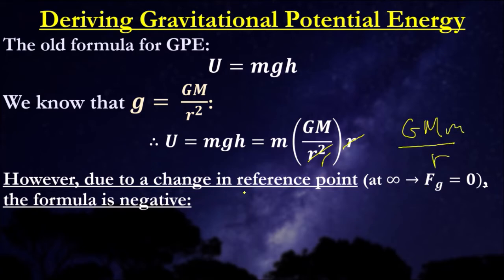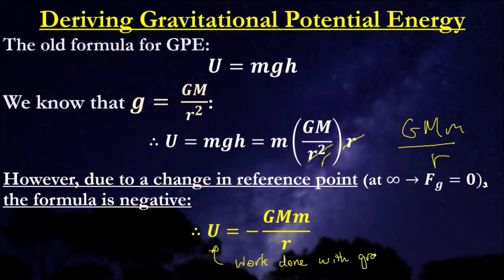But due to the change in the reference point, where infinity is equal to 0, the formula becomes a negative value. And that's because work is being done with gravity, not against gravity this time, to move the object into its position. Okay, so that's what you have there.